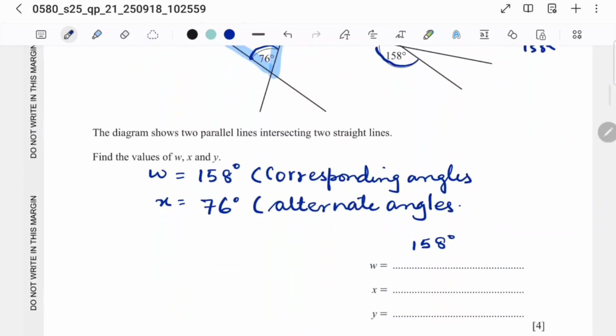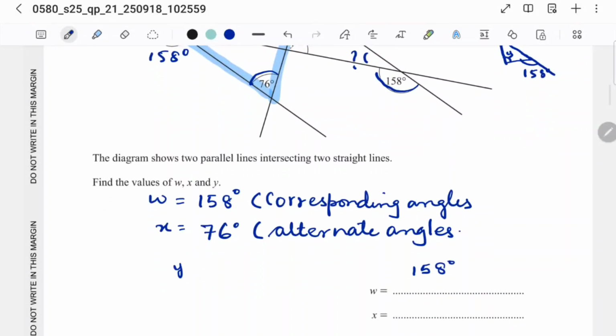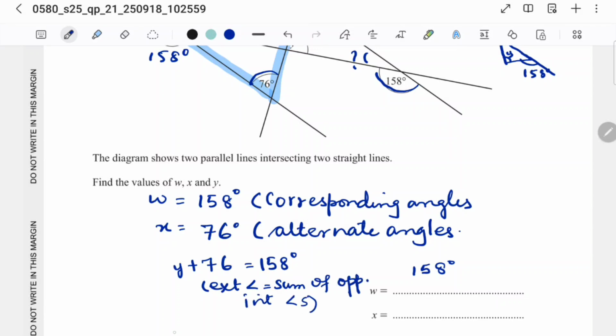So I'm doing it with the exterior angle, that is y plus 76 is equal to 158. The reason is the exterior angle is equal to the sum of the opposite interior angles. So let's calculate. y is equal to 158 minus 76.